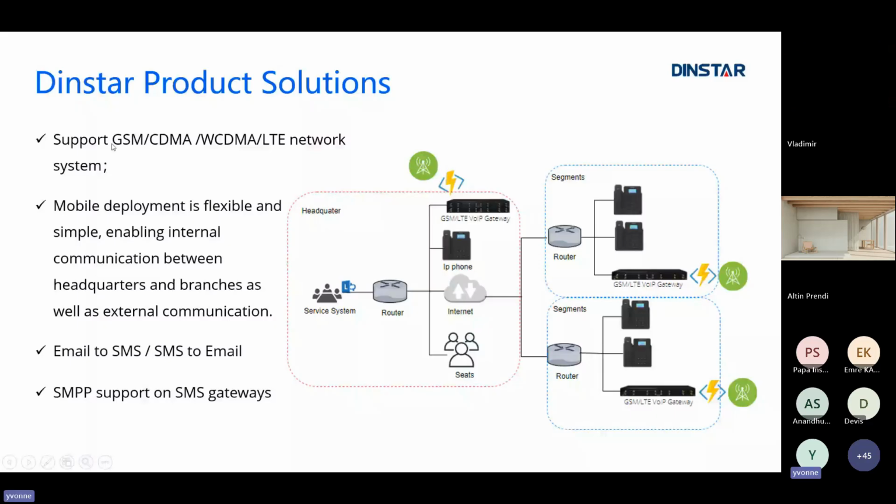As you can see, the mobile deployment with our Dinstar product is very flexible and simple. This is a very huge advantage, especially for organizations with headquarters and branches. It can enable very smooth internal communication between the headquarters and branches.